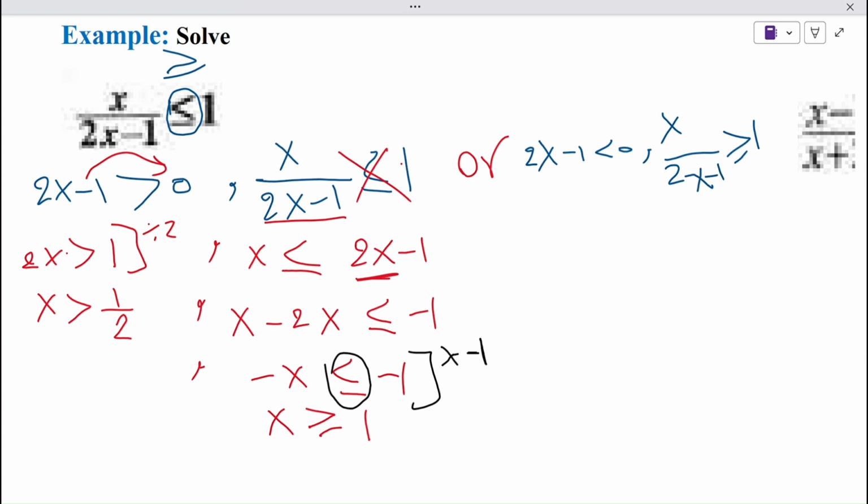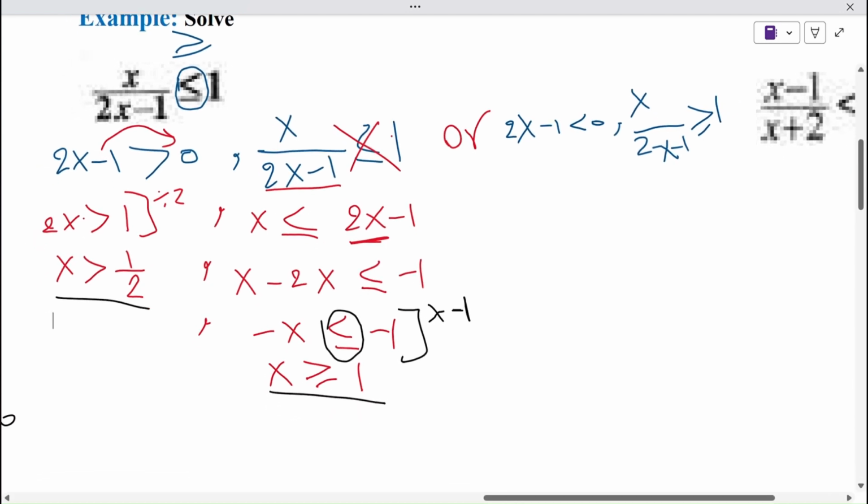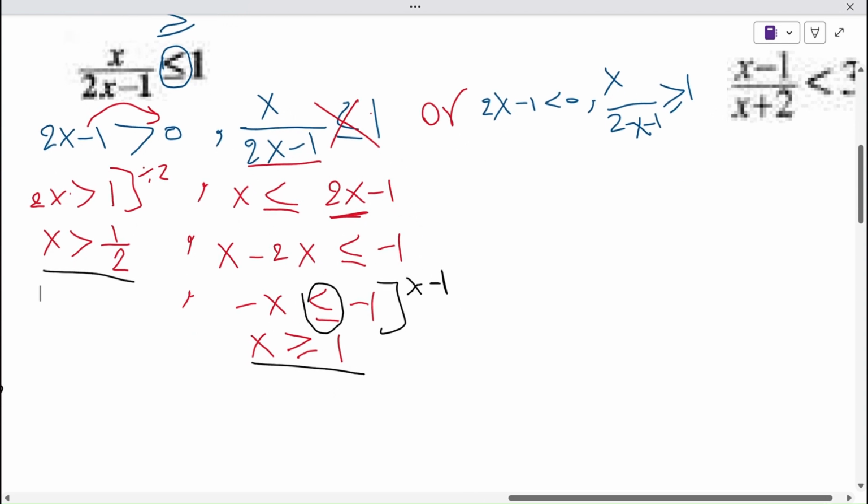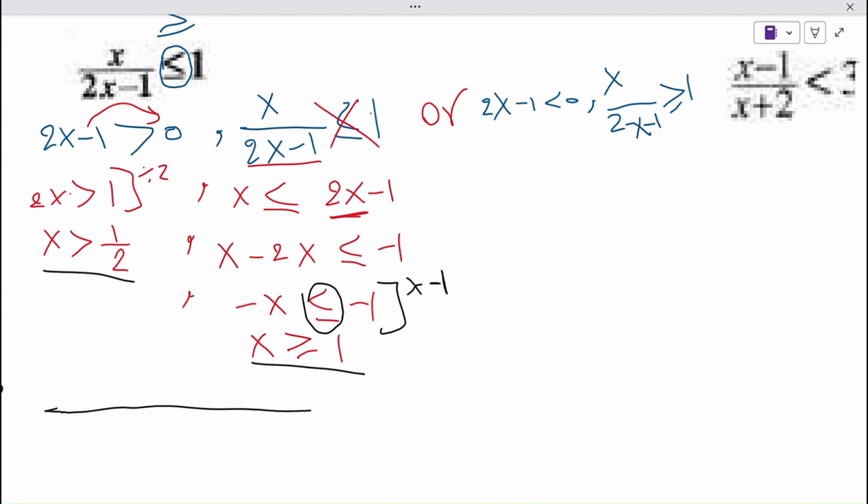Let's determine these two solutions on the number line. Look at here. Here we have 0. This is 1. And here we have half, 1 over 2 or 0.5. Okay. Here we have x is greater than this half.